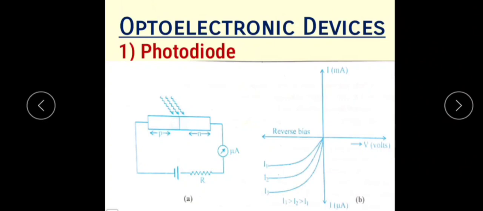Here in the reverse bias, the current flows due to minority charge carriers.